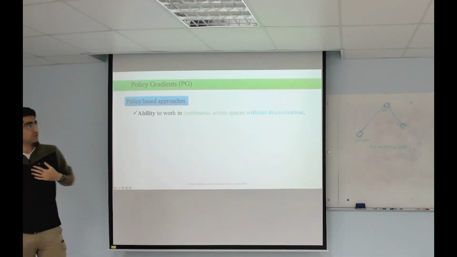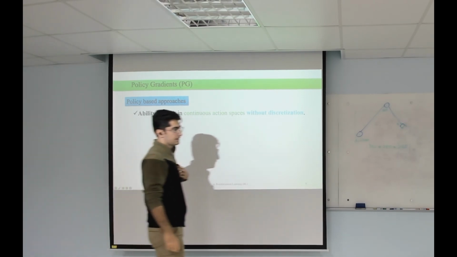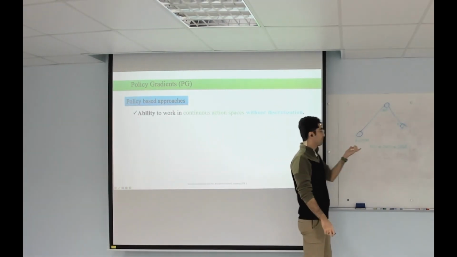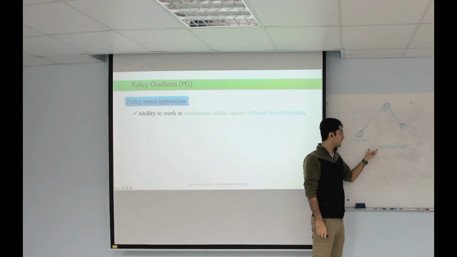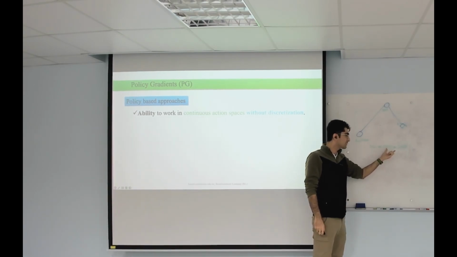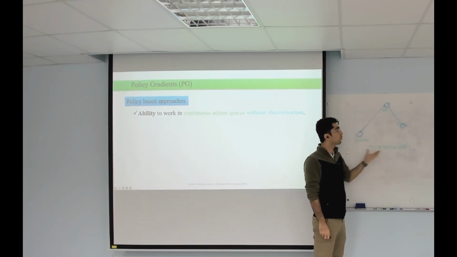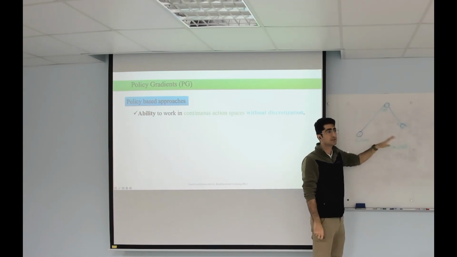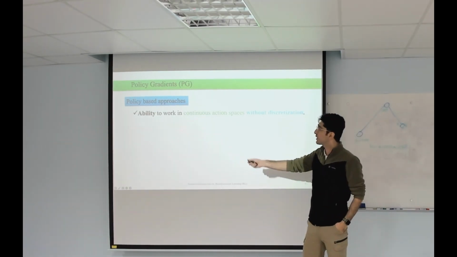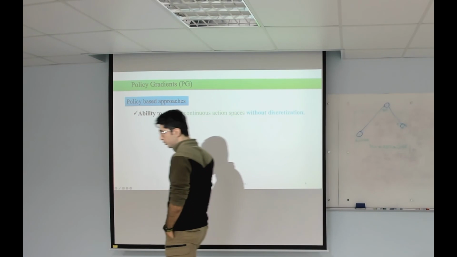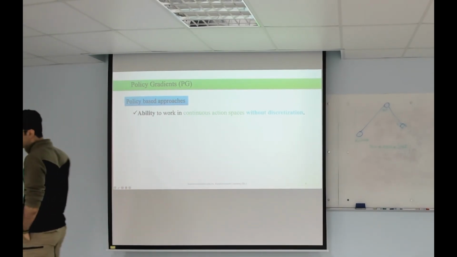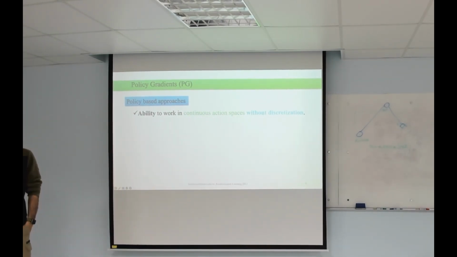But in continuous form, which we will also discuss, instead of talking about discrete actions, we can talk about a continuous representation of these actions, so policy gradient is the best option to help us solve it.